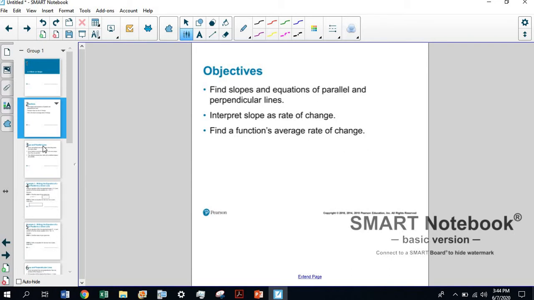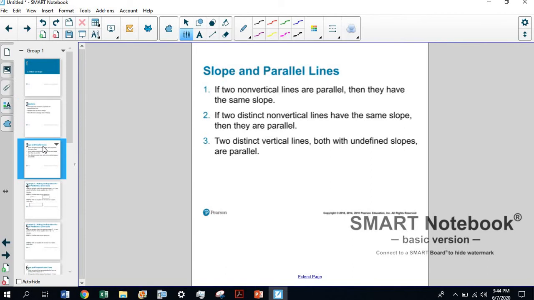if you will. Okay. So for parallel lines, two non-vertical lines are parallel if they have the same slope. And if they're parallel, they have the same slope. That's an if and only if statement. All right, so lines that have the same slope are parallel. And if two lines are said to be parallel, they have the same slope.